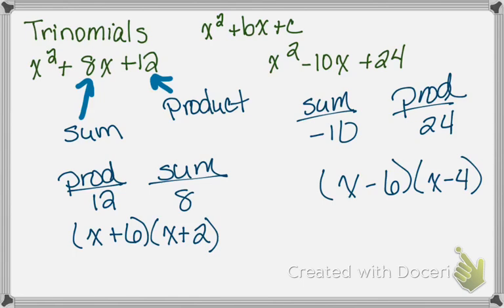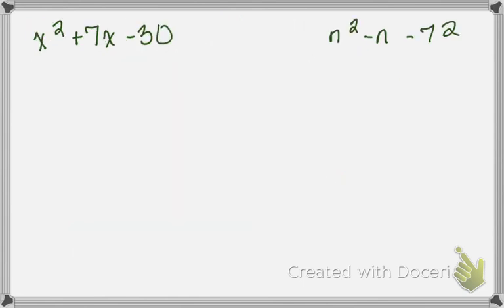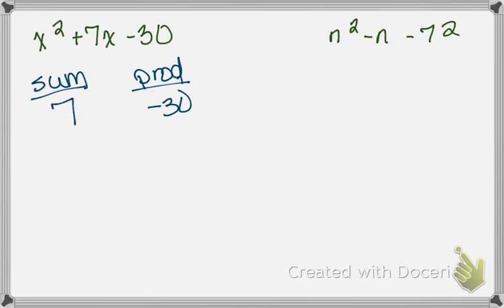Okay? Now I want us to look at this. This is our next one, and I don't think we did these on Tuesday or Monday. We ran out of time. Here, my product is negative, and my sum is positive. Okay?